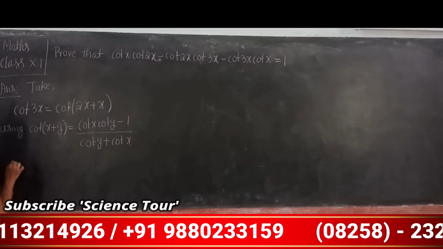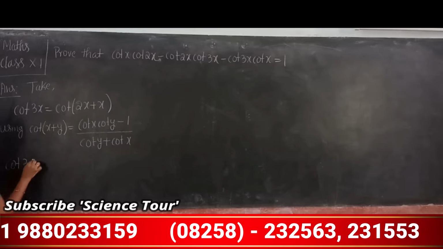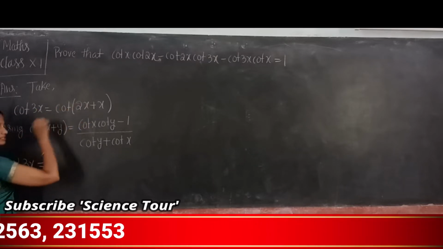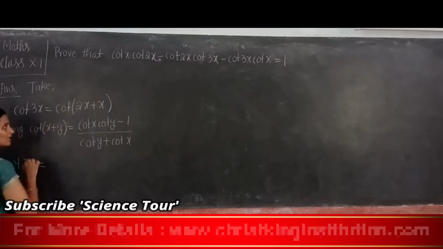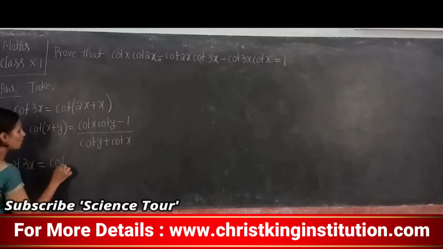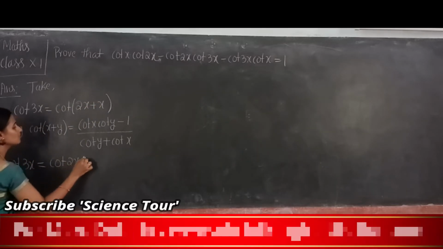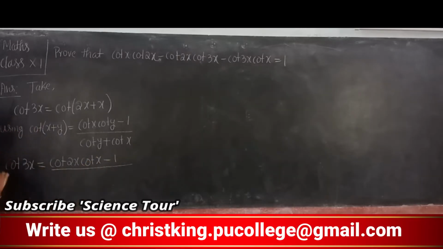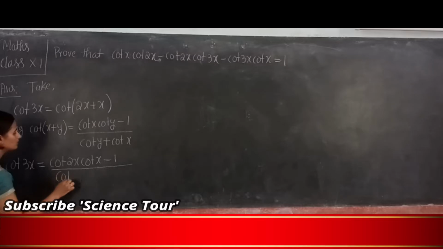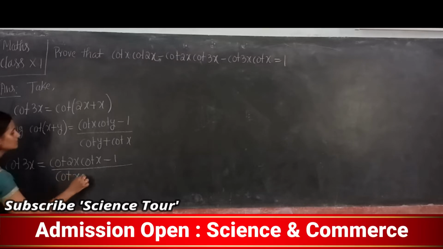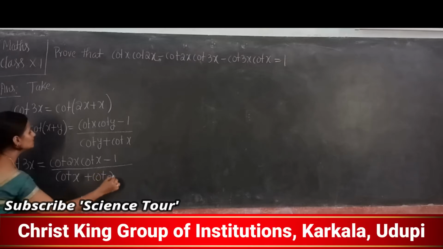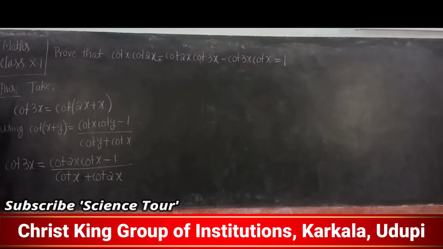Now cot 3x is equal to, applying that, x is 2x and y is x. So it is cot 2x cot x minus 1 divided by cot x plus cot 2x.